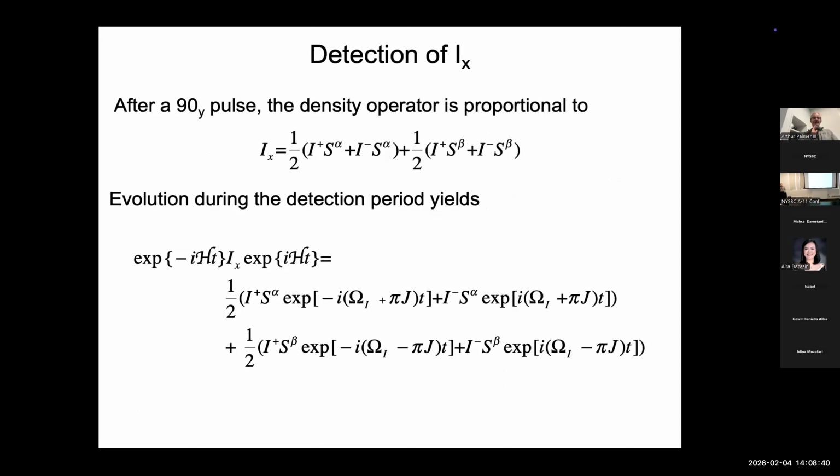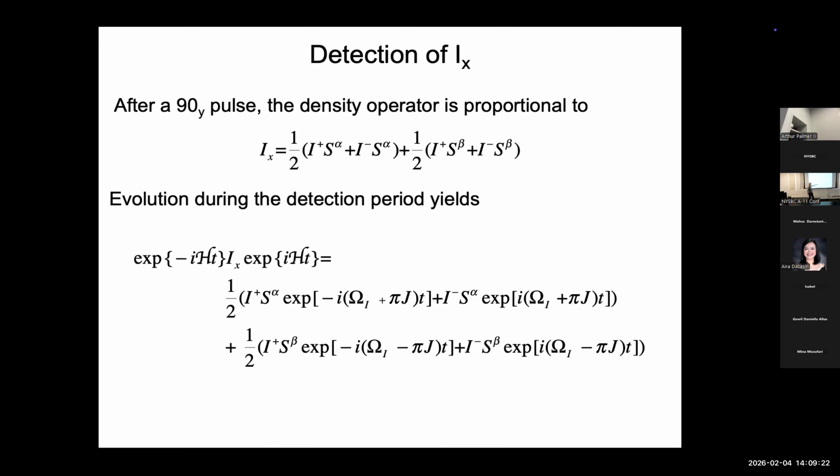So here are things we already know. If we apply a Y pulse, we get X magnetization. I can write X magnetization in the raising and lowering operators. What's nice about these raising and lowering operators is evolution is just a phase for those operators. So I plus requires a negative phase that depends on the frequencies.